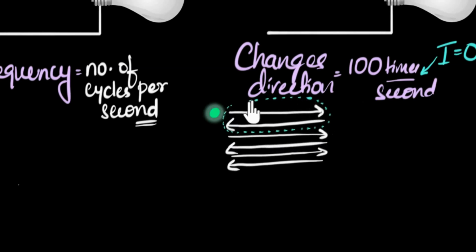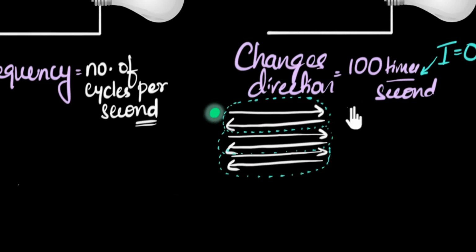So a cycle is the portion which starts repeating itself. And after this, again, the next cycle begins. And then once the electron comes back and changes its direction, that cycle ends and the next cycle begins. So this is cycle number 2, and then this is cycle number 3. And the frequency basically represents how many cycles this electron is going through every second.